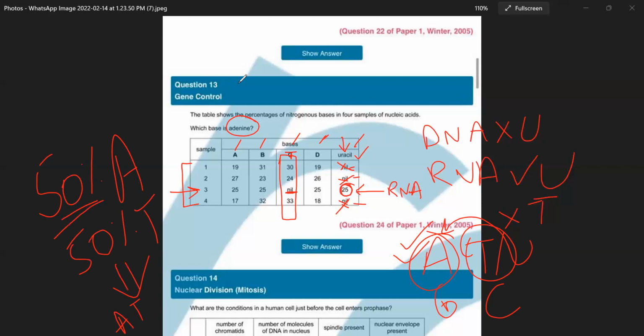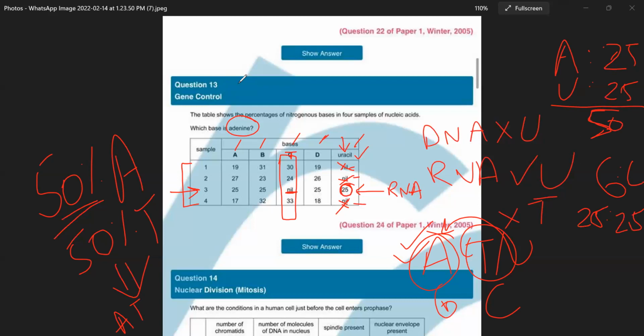If A was 25%, then U binding to it is also 25%, because 25 units of A will bind to 25 units of T. Now I have 50% left. And it's very simple that because G and C need to be in equal ratio, it will be 25 G and 25 C, right? Yes, teacher. So that makes sense.